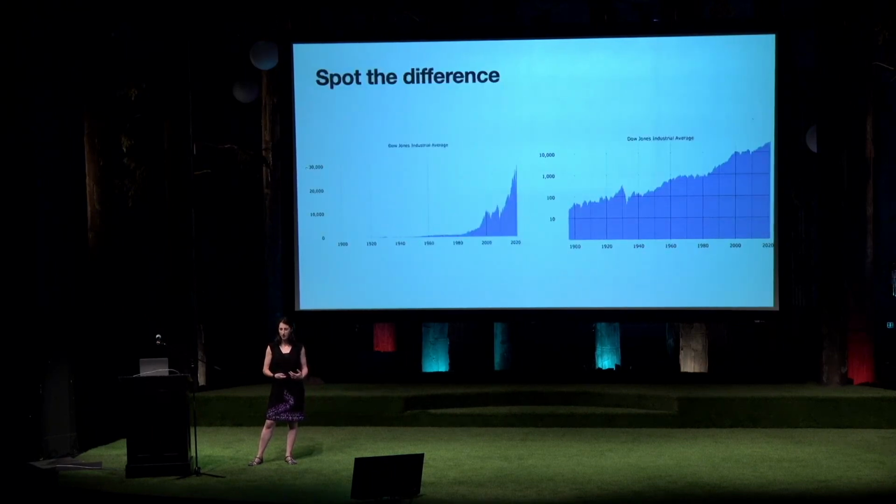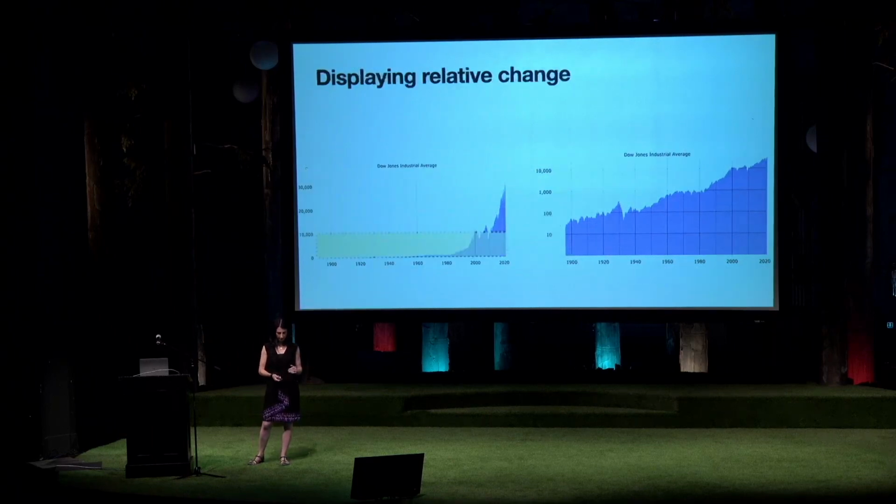So how can we get back this important information? On the left side, we have the linear scale graph. On the right side, we have the log scale graph. And as you can see, obviously, in the log scale graph, the y-axis is going as the powers of 10, as we expect. So in the linear scale graph, we have the values between 0 and 10,000 on the left-hand side.